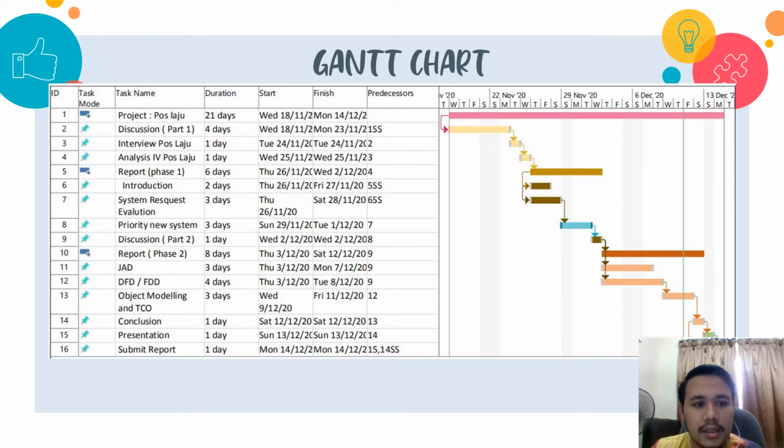The next day we go to interview Post Laju to get the data flow of the system, and after that we discuss the analysis of the Post Laju interview.